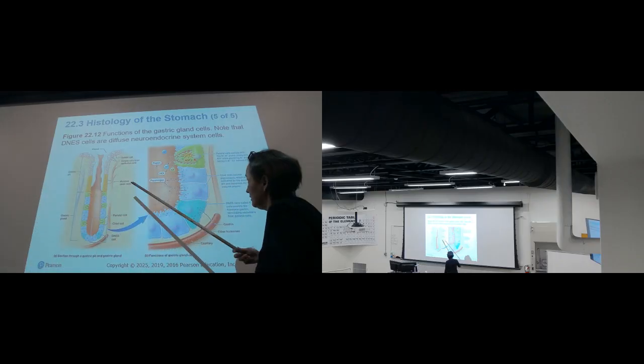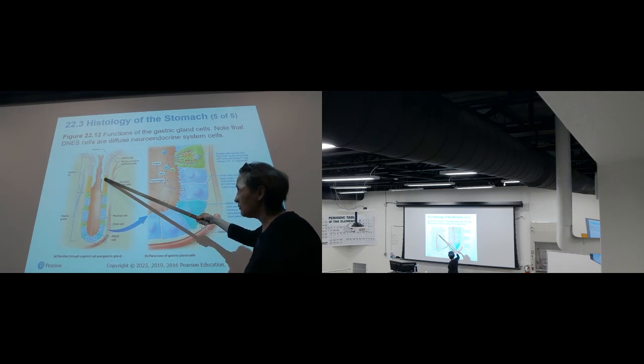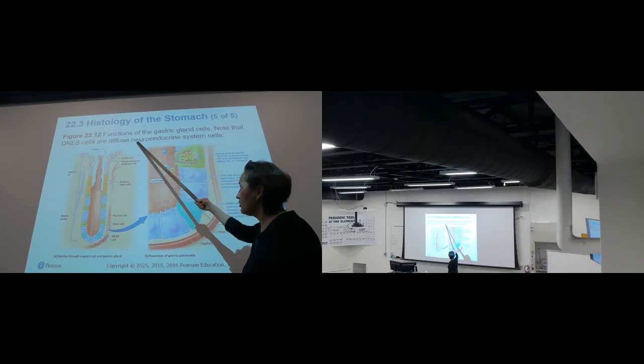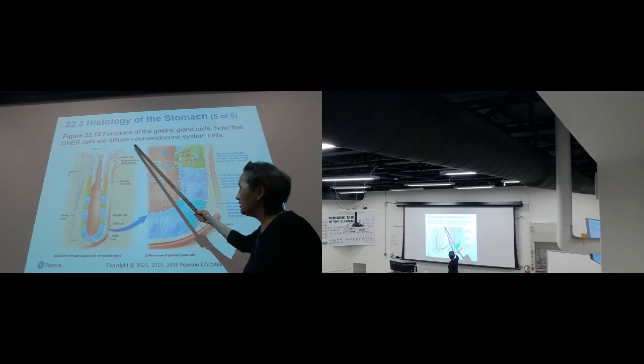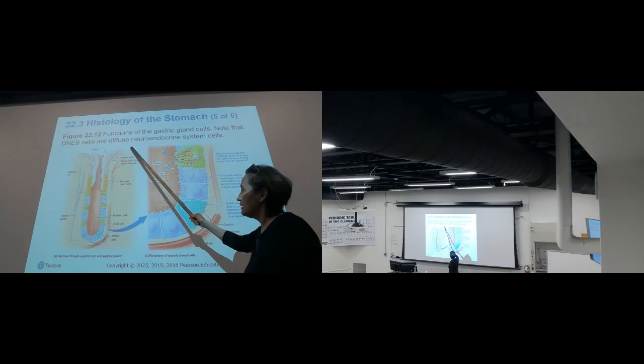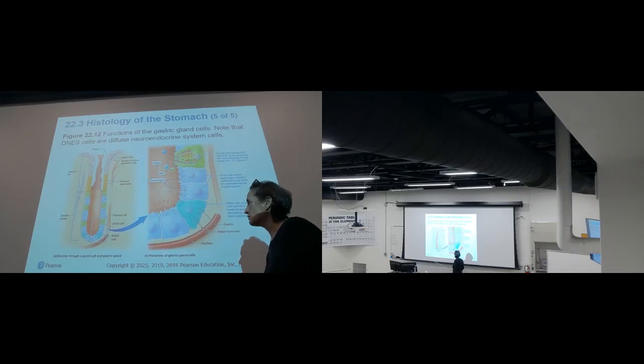Now, here in the gastric pit, we have mostly these mucous cells at the neck. So these are called mucous neck cells. So this mucus goes and coats the epithelium, and we have also goblet cells that produce mucus, but not as much as these mucous cells.